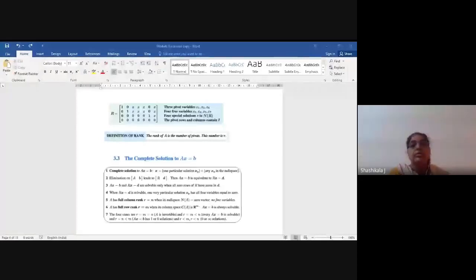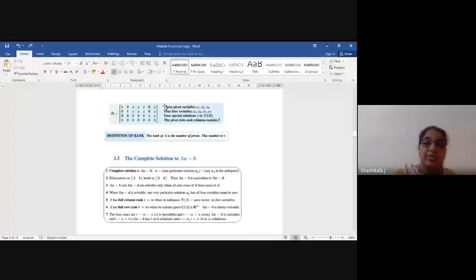Yes, okay. So now, in this row reduced echelon form, can you identify which are the pivot variables? Please write in the chat box. Let me call them x1, x2, x3, x4, x5, x6, and x7. Which are the pivot variables?